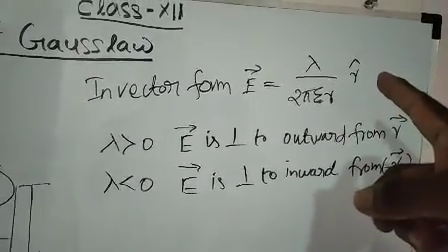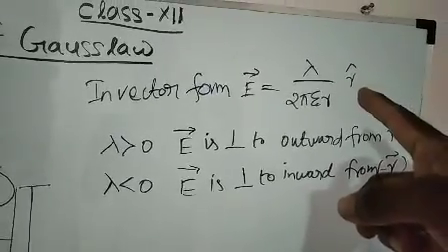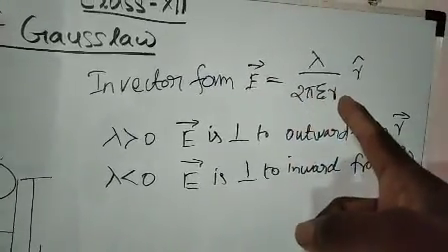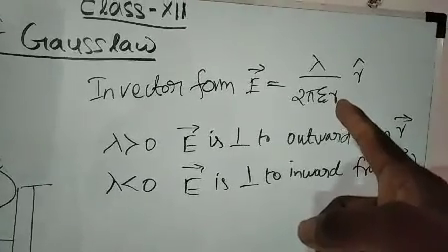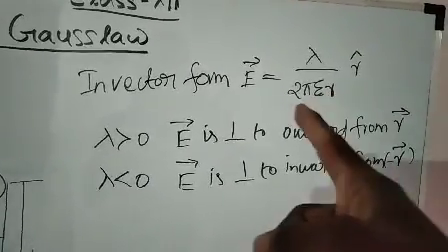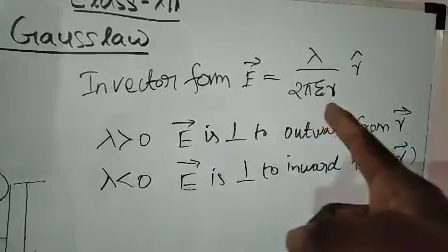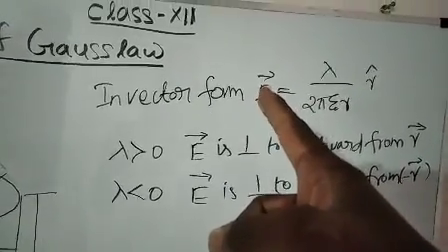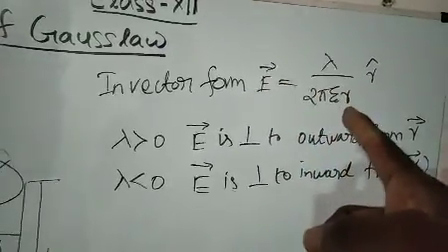R cap is the unit vector. So here the electric field E is inversely proportional to the distance r. If distance increases, electric field decreases, or if distance decreases, electric field increases, because E is proportional to 1 by r.